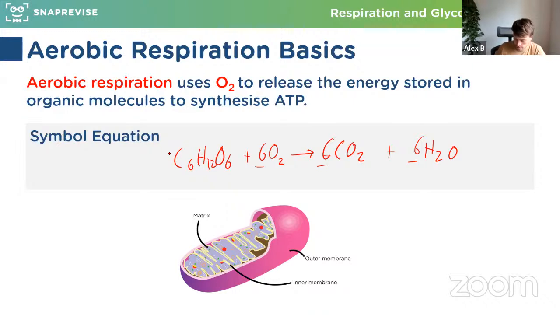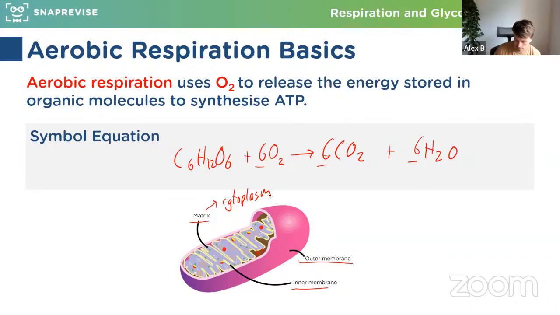So yeah, this is a mitochondria. There's a few features. It's got a double membrane, outer and inner. This is actually very important because you build up a gradient of hydrogen ions in between the two membranes. Then other features, the matrix. This is like the cytoplasm of the mitochondria.